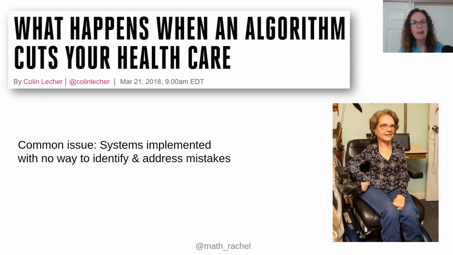The creator of the algorithm was interviewed and they asked him, should people be able to get an explanation for why their benefits have been cut? And he gave this very callous answer of, yeah, they probably should, but I should probably dust under my bed, like who's going to do that, which is very callous. And then he ended up blaming the policymakers for how they had rolled out the algorithm.